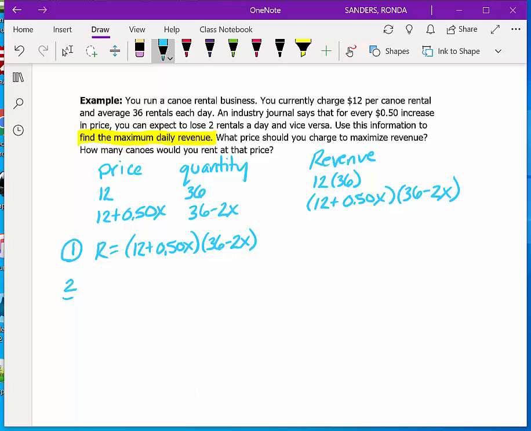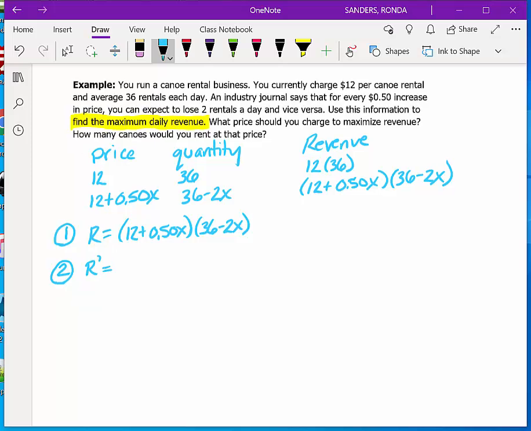Step 2, we are supposed to find the derivative. You can multiply everything out and then take the derivative, or you can use the product rule. I choose the product rule. We multiply the first, 12 plus 0.50x, times the derivative of the second, negative 2, plus the second, 36 minus 2x, times the derivative of the first, 0.50.